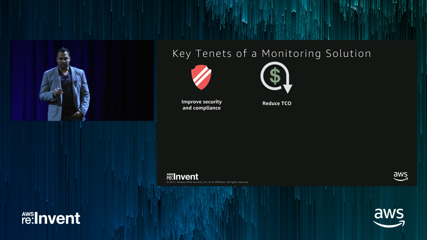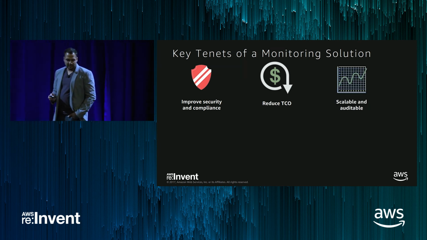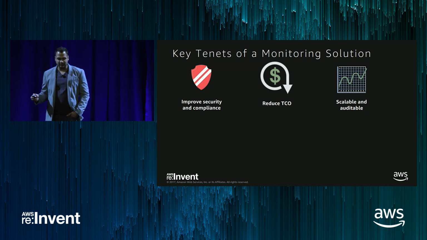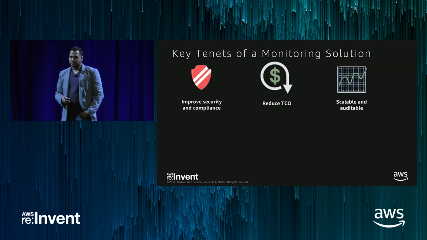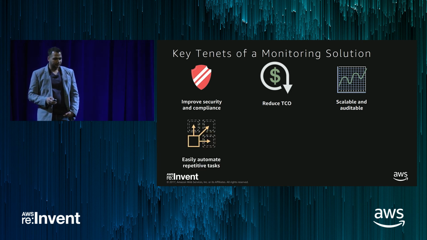So we were looking for solutions that do not have licensing fees and do not have long-term licensing costs or contracts. Another key element of our monitoring solution is the ability to scale to tens of thousands of servers with millions of different requests without adding any additional complexity or compromising security. As a general best practice, we want to make sure all the changes are auditable.